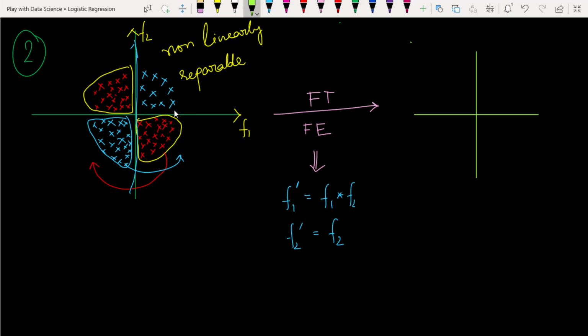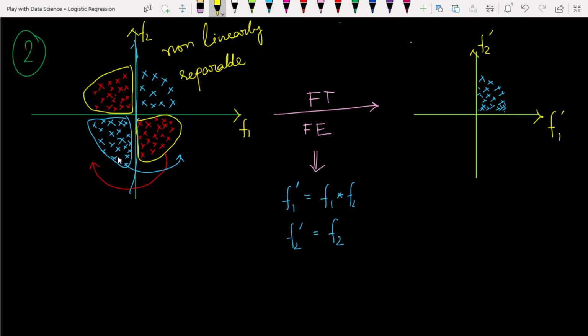Positive times positive means F1 dash will be positive and F2 as well. So this data will not change. We write this data as well. It has no problem. This portion is no problem.